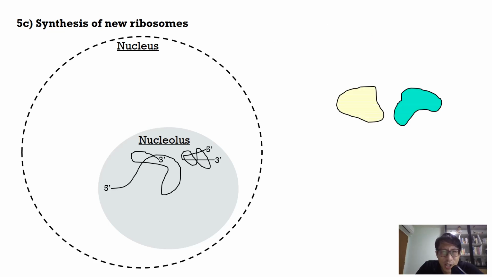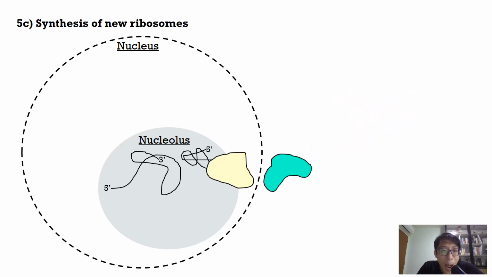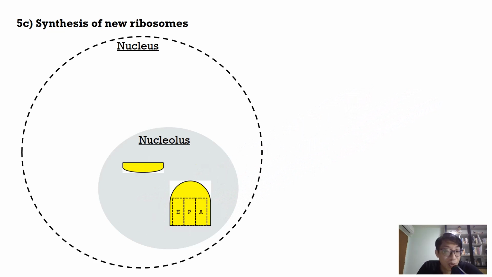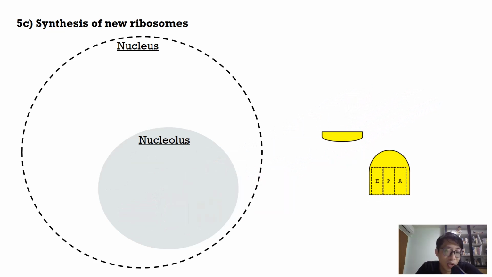These ribosomal proteins are synthesized, and they go back into the nucleus and into the nucleolus to complex with the rRNAs to form the ribosomal subunits. The ribosomal subunits then leave into the cytoplasm, and they form the new ribosomes.